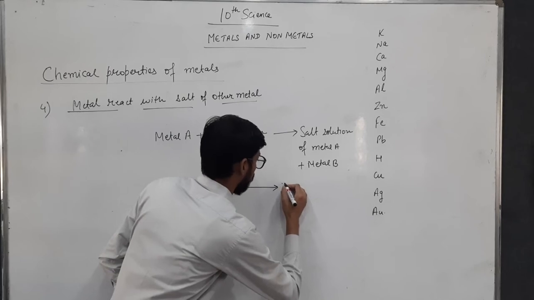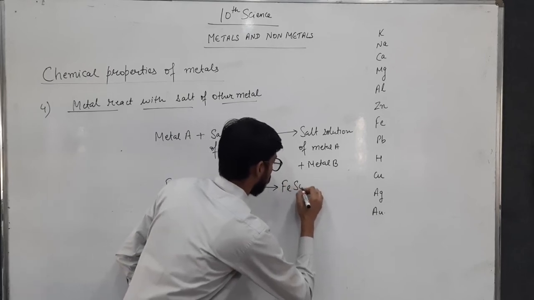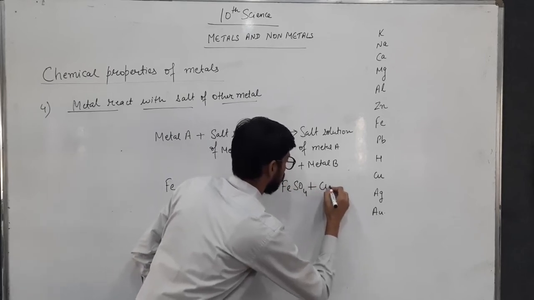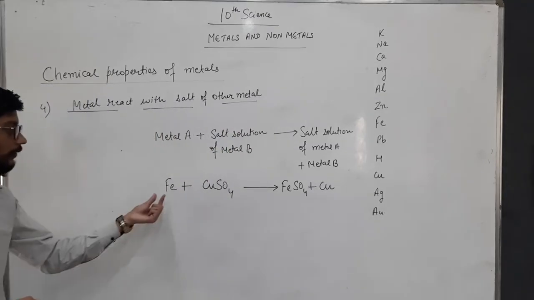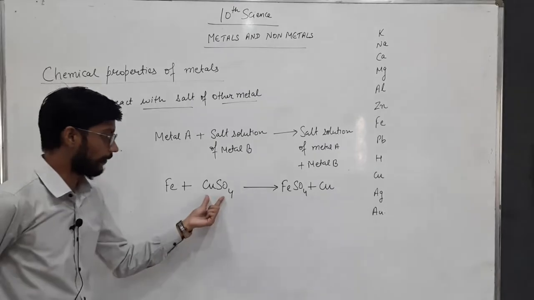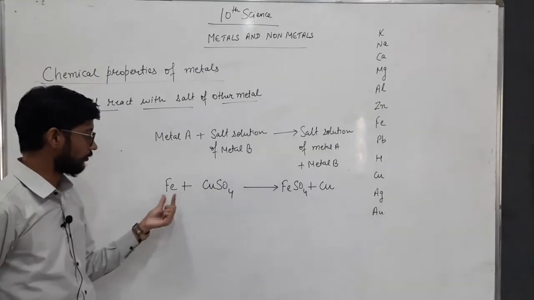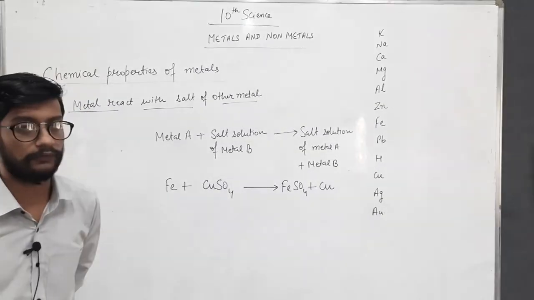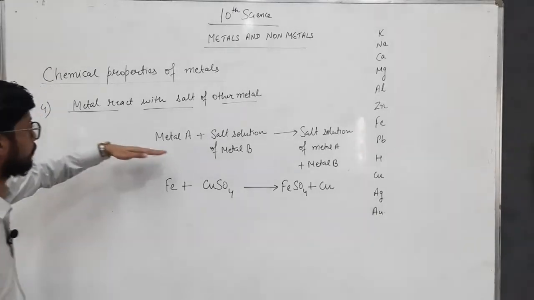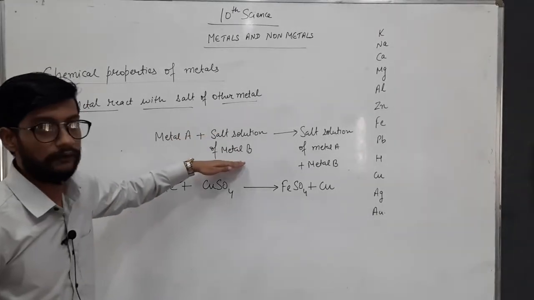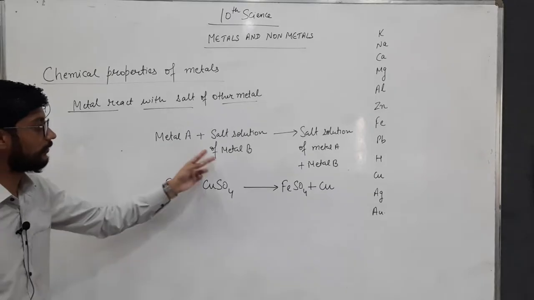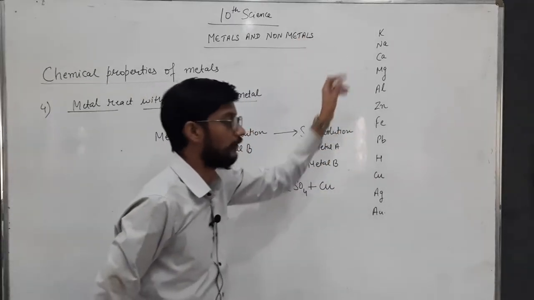So we will get FeSO4 plus Cu. So this iron will displace copper from its salt solution. This is copper sulfate. This is metal A plus salt solution of metal B. If metal A is more reactive, you can see it from the reactivity series.